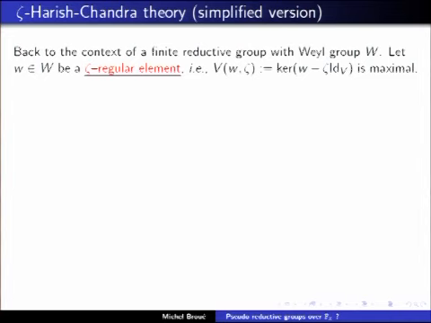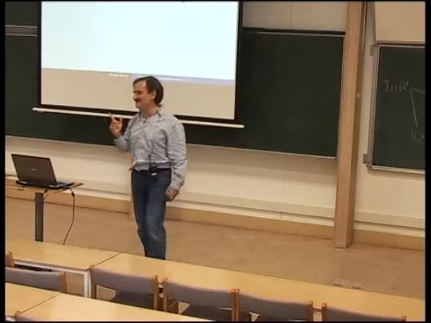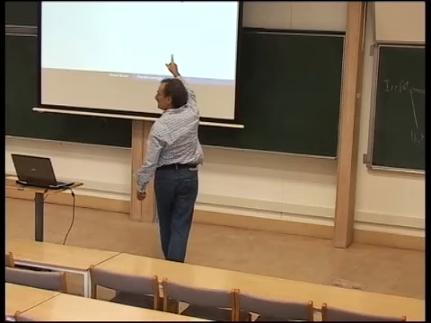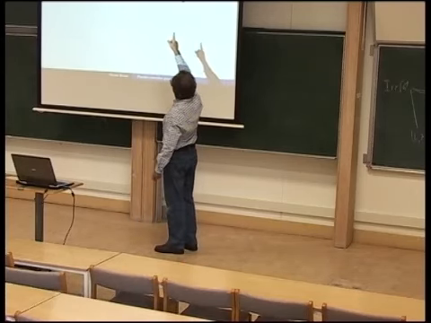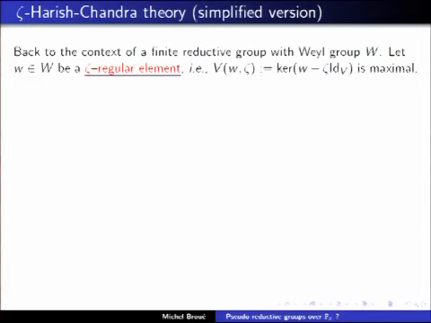So the element is called regular if the corresponding eigenspace is maximal among what? It's maximal when W varies.